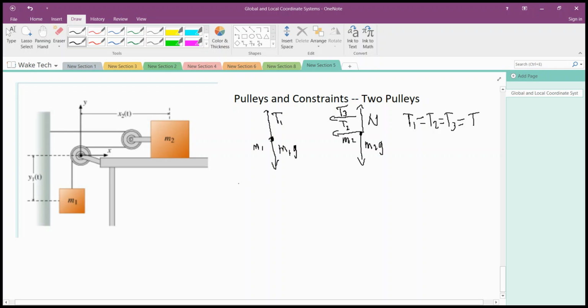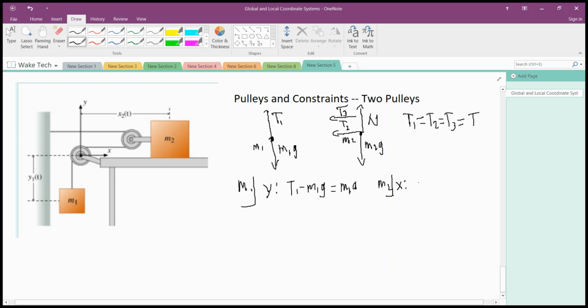With respect to this coordinate system, we can write out the F equals ma for our two masses. So for mass 1, we have really just the y direction that matters, so I'll ignore x. And in the y direction, according to our coordinate system, up is the positive direction. So we have T1 minus m1g is equal to m1a. Then for m2, we have both x and y directions, but for the sake of this problem, I'm only interested in the x direction when discussing constraints.